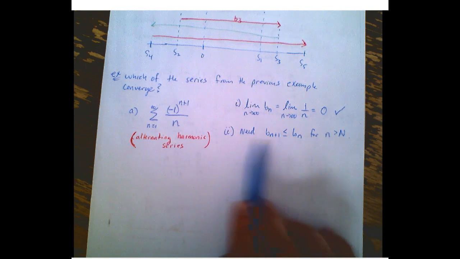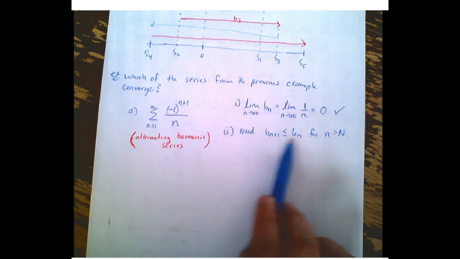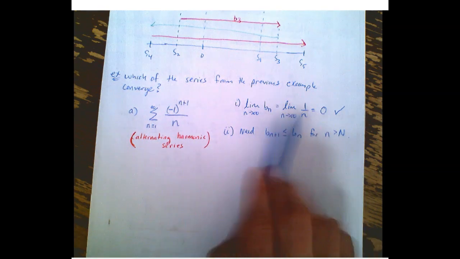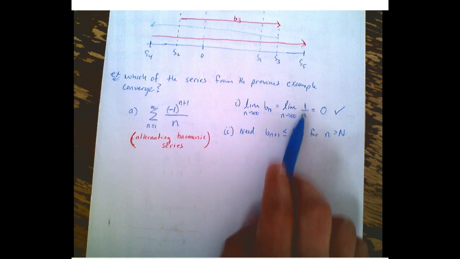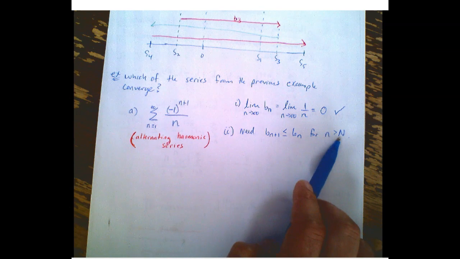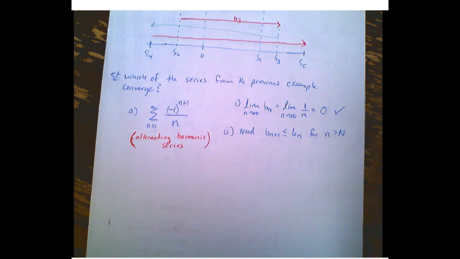So to show this, we can either do this algebraically, or we can use the derivative, right? So we know that 1 over n, if we treat this as a function, we can take its derivative, and if the derivative is a negative value for all n greater than some arbitrary n, then we know that this sequence is decreasing here, okay?